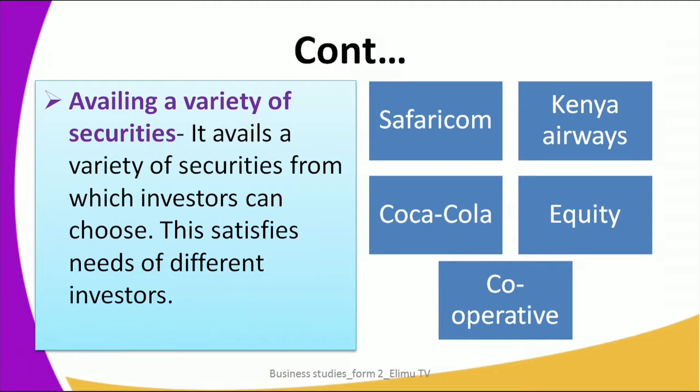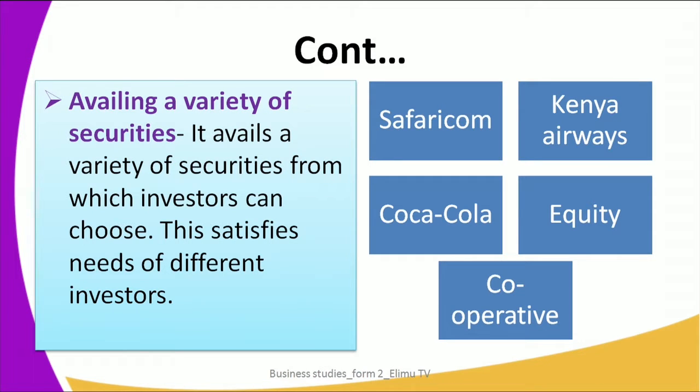We continue with the roles of the stock exchange market, and the other one is that it avails a variety of securities. For an investor who may want to subscribe for shares of a company, when the investor avails himself or herself there, she is able to choose from various companies.